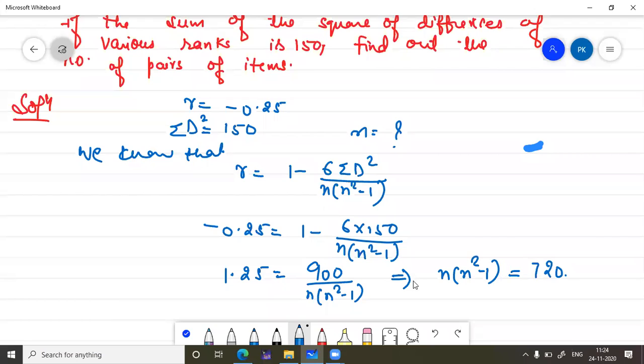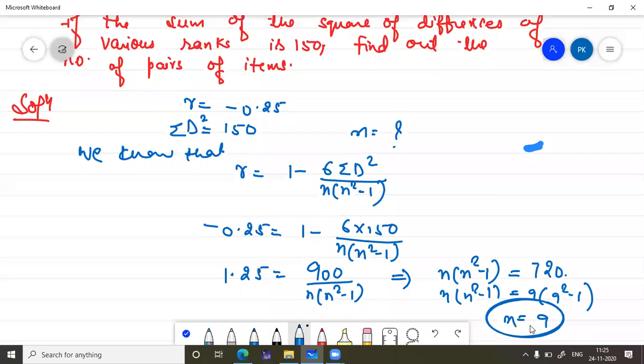So just evaluate it. इसको evaluate कर लो आप. तो आपकी जो भी वैल्यू आएगी, इफेक्टिवली वी हैव n क्यूब बट n मस्ट बी अ पॉजिटिव इंटीजर, राइट। तो इसको मैं लिख सकती हूँ 720 को 9 स्क्वायर माइनस 1, so you will get the value of n must be 9.